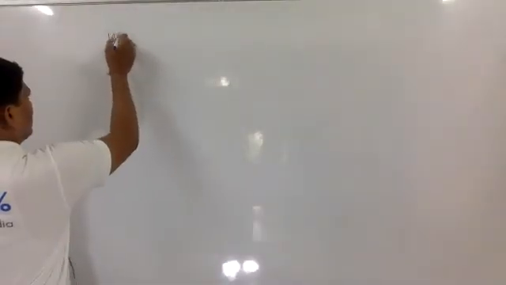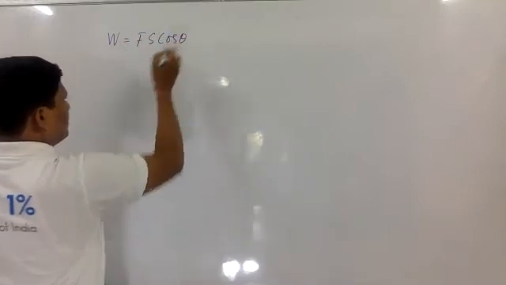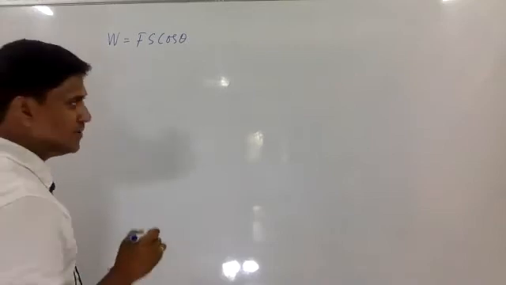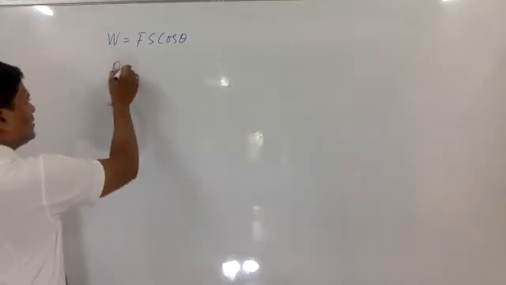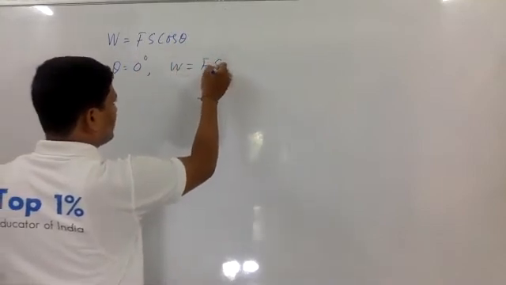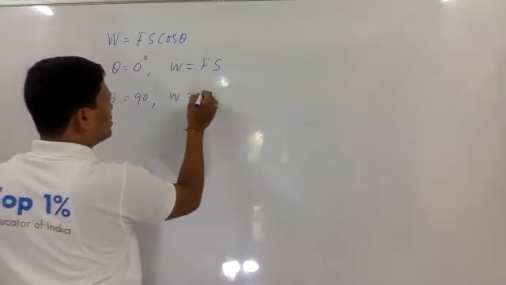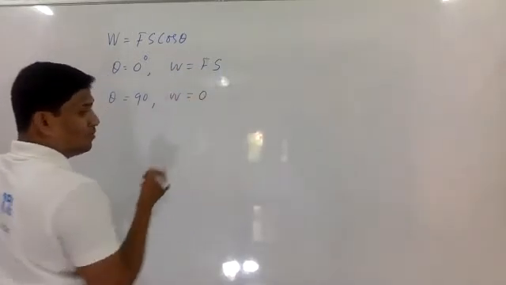So finally we got to know work is equal to Fs cos theta, where theta is the angle between force and displacement. If theta is 0 degrees, work will be Fs. If theta is 90 degrees, cos 90 is 0, so work done will be 0.